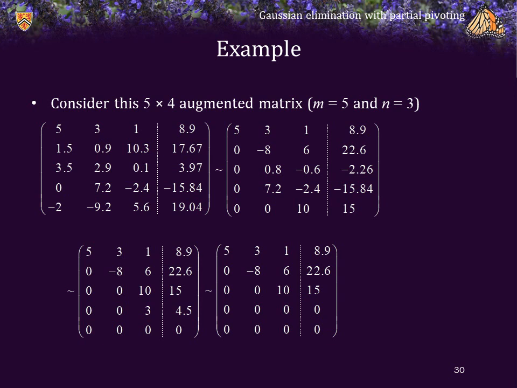It appears a solution exists because the rank of the matrix now is 3 and the rank of the augmented matrix is still 3, and therefore we can now apply Gaussian elimination, backward substitution, to find that, for example, x3 is equal to 1.5, x2 is equal to negative 1.7, and x1 is equal to 2.5.